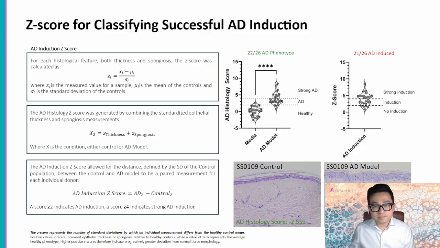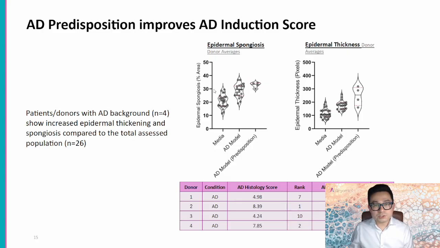Across 26 donors worth of AD induction, we see strong upregulation of the histology score, where values between 2 and 4 are defined as the standard AD induction, and above 4 as strong AD induction. One important observation here is that donor background influences induction strength. Here, we show that donors with an AD background tend to show increased epidermal thickness and spongiosis compared with the total assessed population.